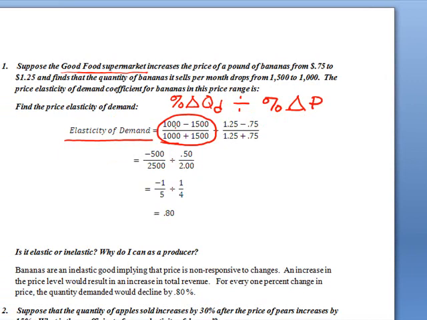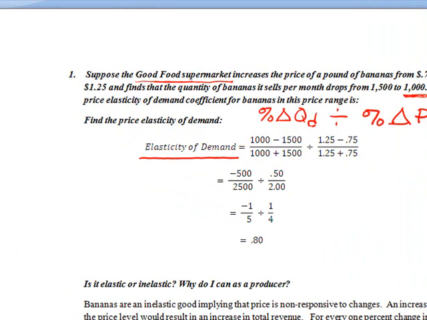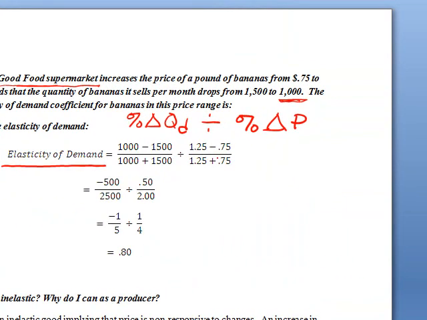So the new quantity level is this 100, so I put it in there, and I'm looking at the change, minus the 500, in comparison to the summation, and I'm going to divide all of that by the price: 1.25 minus 0.75 in comparison to the summation.